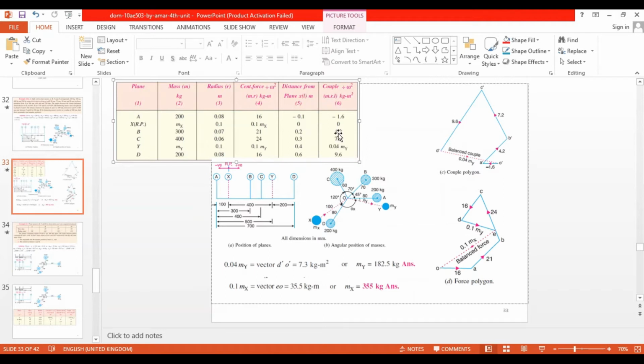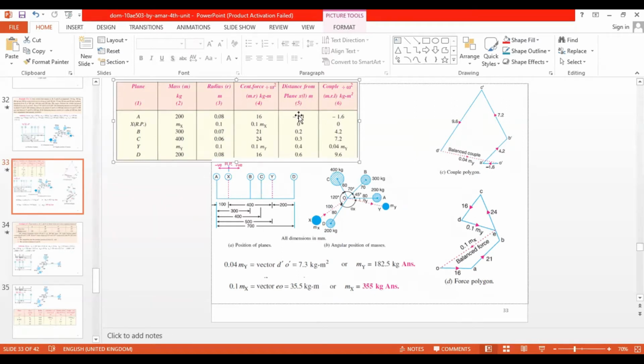Now we will calculate the couple. Couple, you know, is m into r into omega squared into L. Since we don't consider omega squared here, that will be m r into this distance L. So m r we have already calculated, we will multiply it by this distance. 16 into 0.1 is minus 1.6, because this is taken as negative.